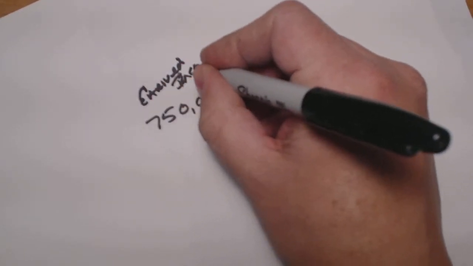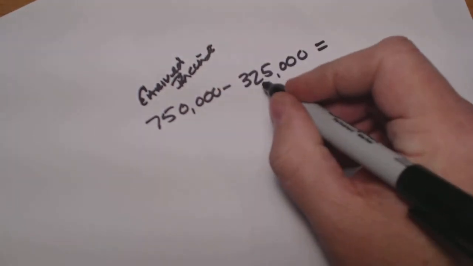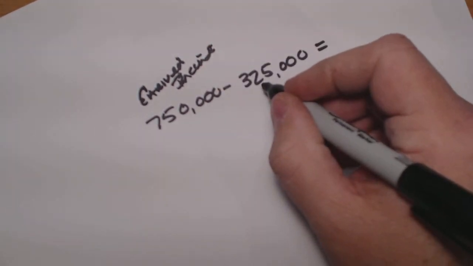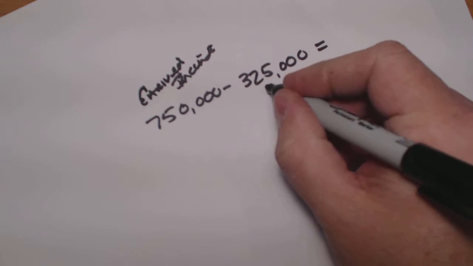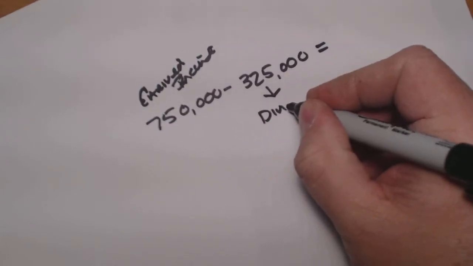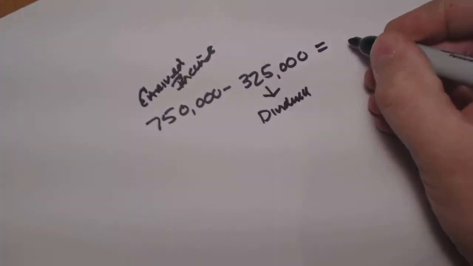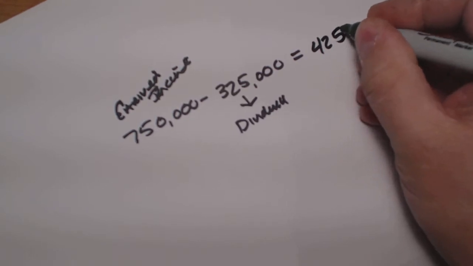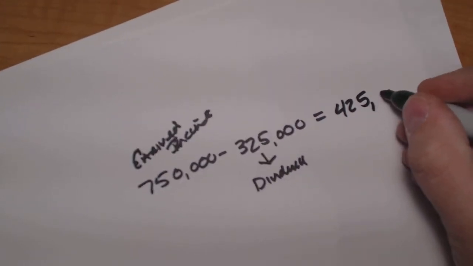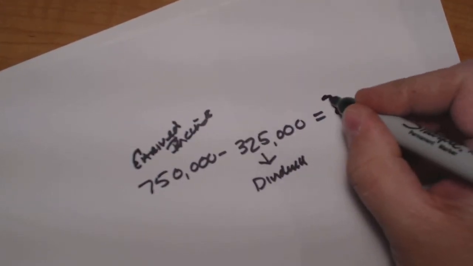That was earned. Then 325,000 of this is what they want to pay out in dividends, which would leave us $425,000 in the bank.